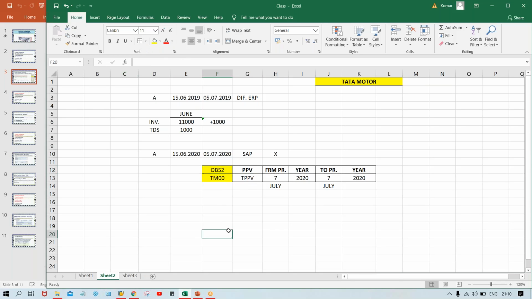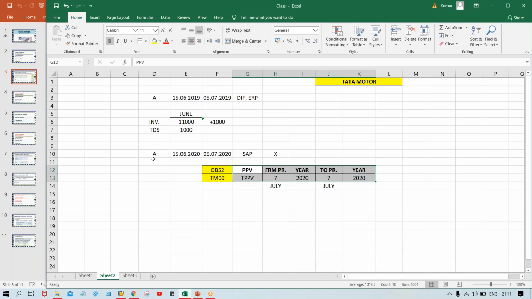Okay, but this transaction has some authorizations kind of things. OB52 transaction code authorizations will be there for a very limited number of people. That too might be TL level or manager level people, and that too 1 or 2 guys will be responsible. These people only can use this transaction code and will be able to maintain this period.